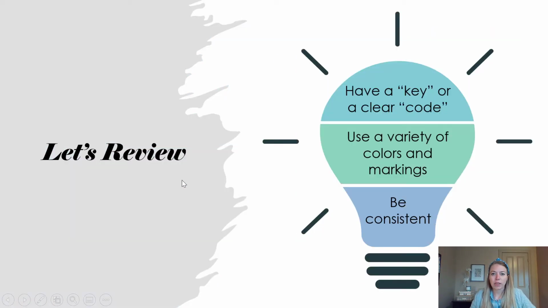And we talked about in class how we have 3 key things that annotations must follow. You can choose how to annotate, but they must follow these 3 rules to make strong annotations. Rule 1, have a key or a clear code. Usually you're not going to annotate just one paragraph or just one sentence. Usually you're going to be annotating a chapter or even a full book, a full short story, a full poem.